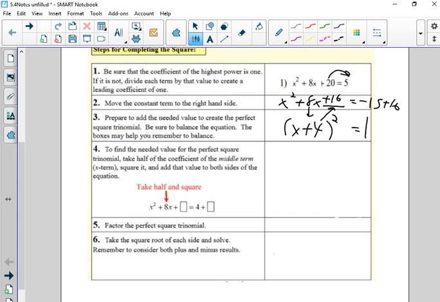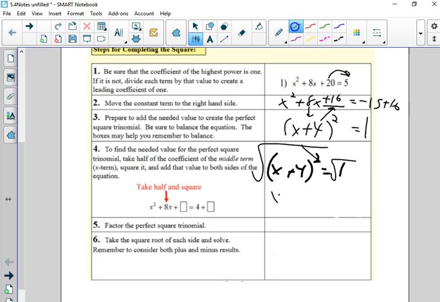So, at this point, that's what we have. Now, what we just learned about the square root method is, when we have this binomial, x plus 4 squared equals 1, we can square root to get rid of that 2. The little 2 there. If I do that to that side, I must do that to that side also.